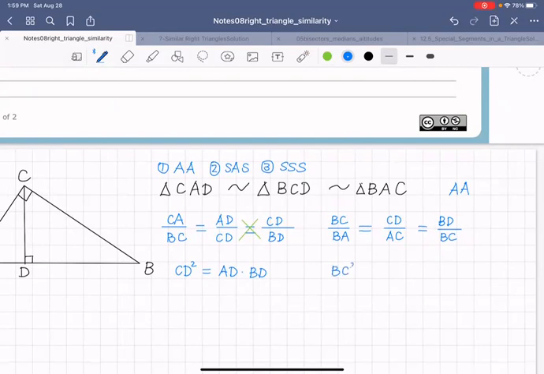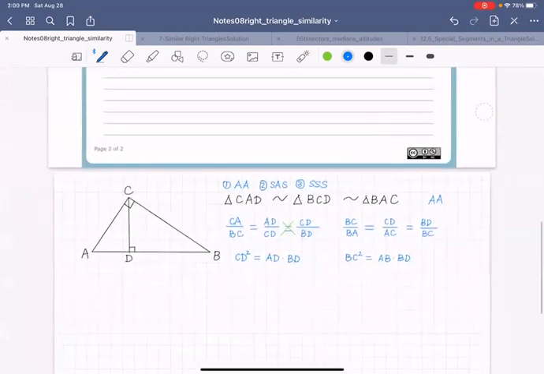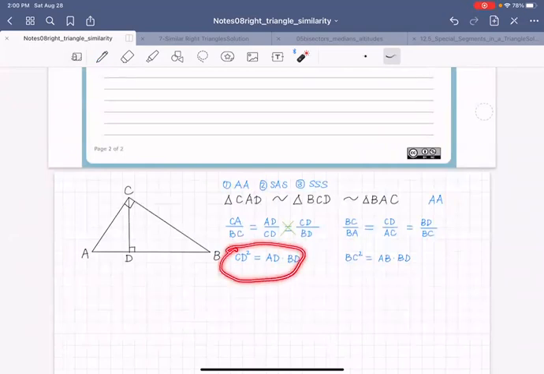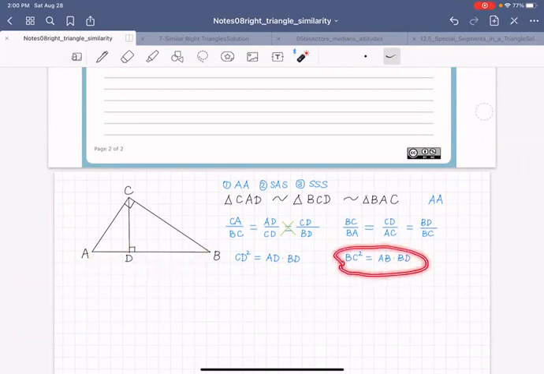So BC squared equals AB times BD. I mean BA times BD. That's fine. Now look here. This guy squared is AD times BD, and AB gives us this: BC squared equals AB times BD.